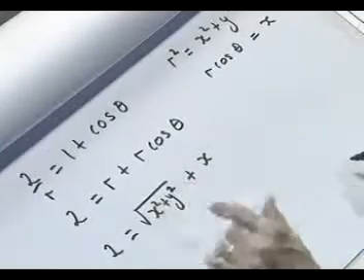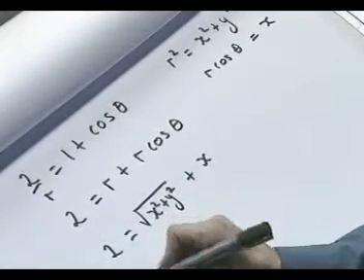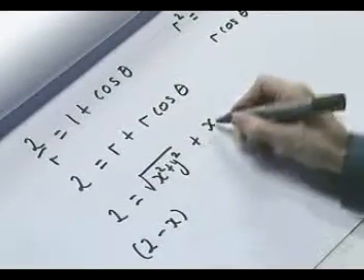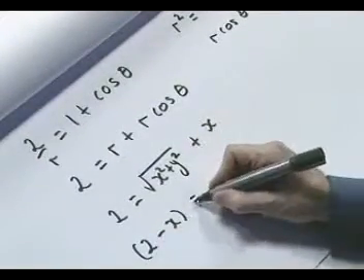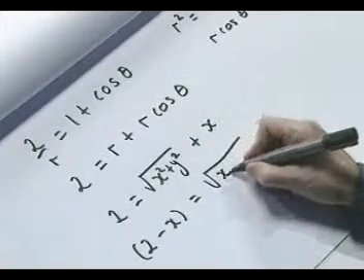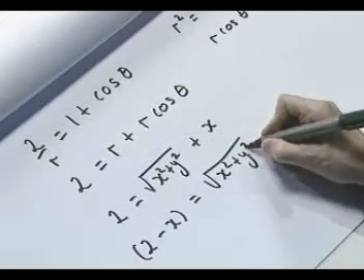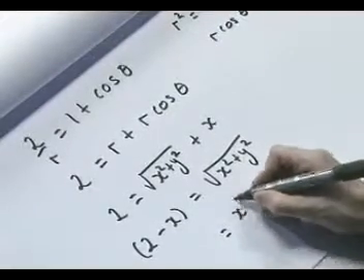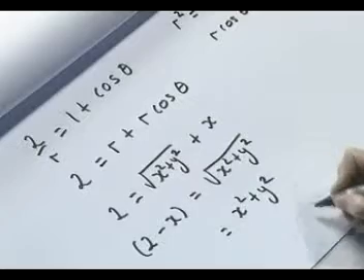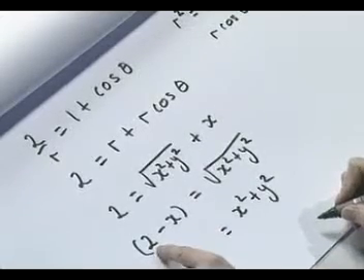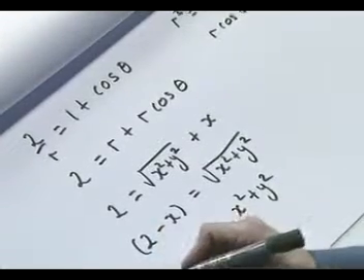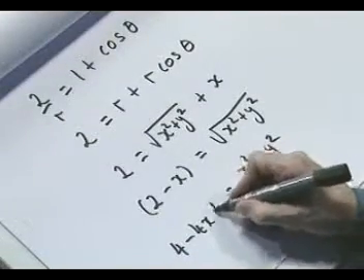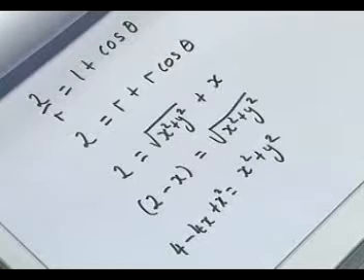Now, it looks untidy. It's got a square root in it. So naturally, we would want to get rid of that square root. So let's take x away from each side. And then let's square both sides. So that gives us x squared plus y squared there. And on this side, it's 2 minus x all squared, which will give us 4 minus 4x plus x squared.